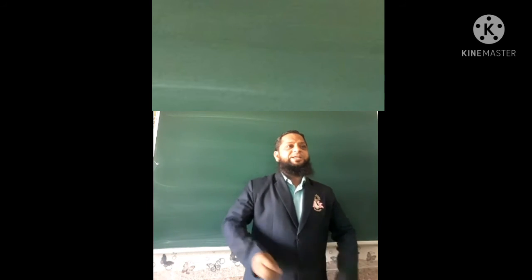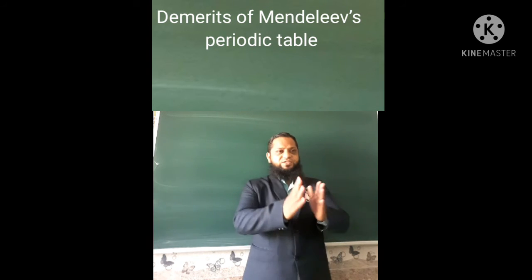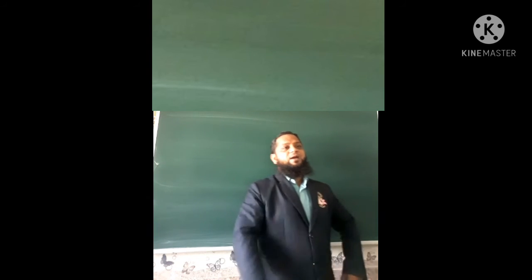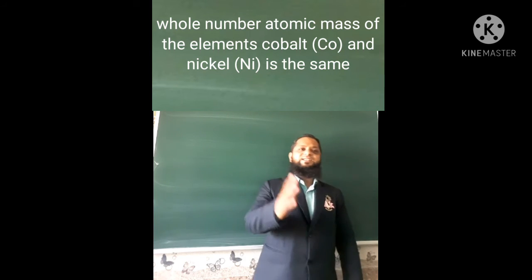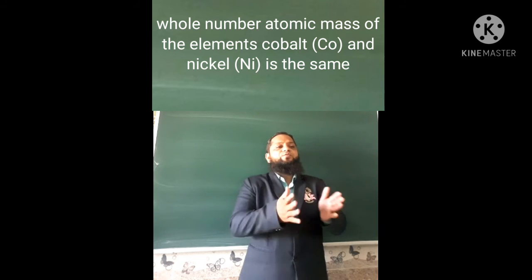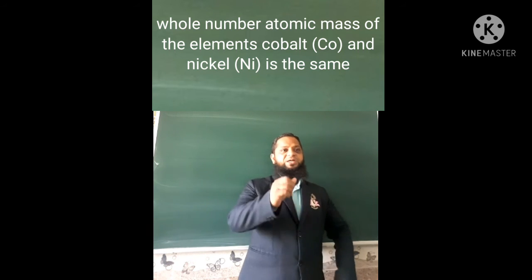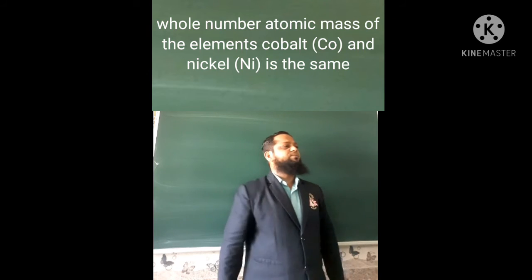Let's see the demerits of Mendeleev's periodic table. First, the whole number atomic mass of the elements cobalt and nickel is the same. Therefore, there was an ambiguity regarding their sequence in Mendeleev's periodic table.